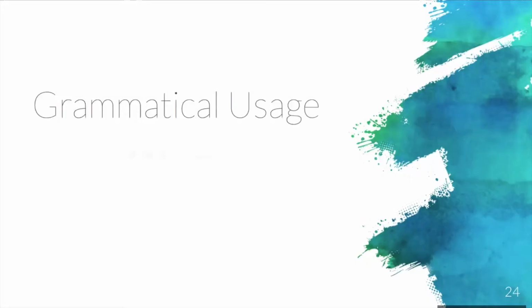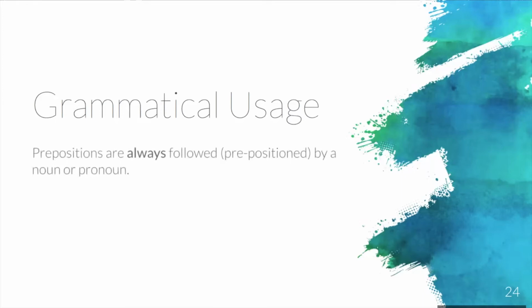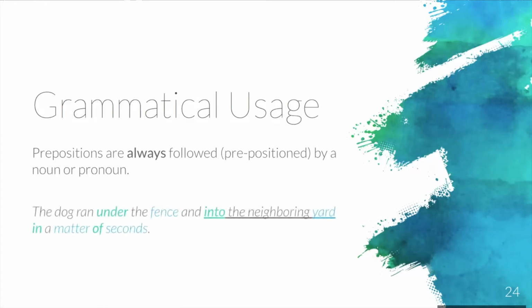So for grammatical usage, prepositions are always followed by a noun or pronoun. For example, we have this sentence: the dog ran under the fence and into the neighboring yard in a matter of seconds. Under is a preposition, and fence is the noun that follows it.